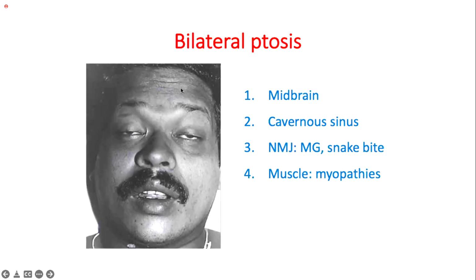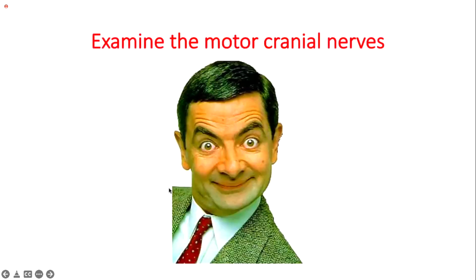Although he's making an attempt, he cannot because all the muscles are paralyzed. Okay, so then we move on. Examine motor cranial nerves. That's another instruction that we give at the final exam. So don't come to the exam and ask us what motor cranial nerves you want us to examine. No, we won't tell you, because you are supposed to know what the motor cranial nerves are.